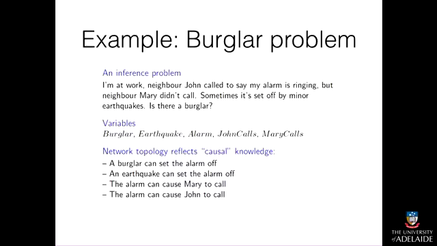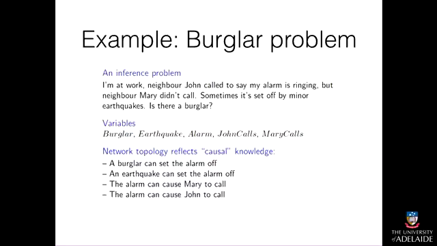With the Bayesian network, as I mentioned, we can include some causal knowledge. Now let's have a look at the example here. This is a scenario. I'm at work. Neighbor John called to say my alarm is ringing, but neighbor Mary didn't call. Sometimes it's set off by a minor earthquake. In this case, we consider 5 random variables: burglar, earthquake, alarm, John calls, and Mary calls.